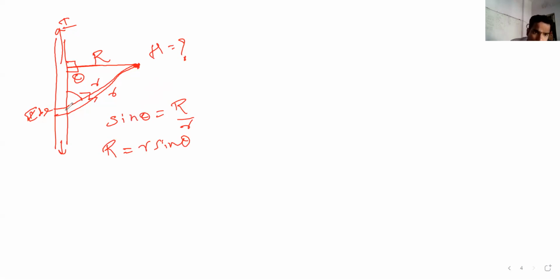Now this is dl. If I zoom in, this is my dl, and this is my point. What will this angle become?